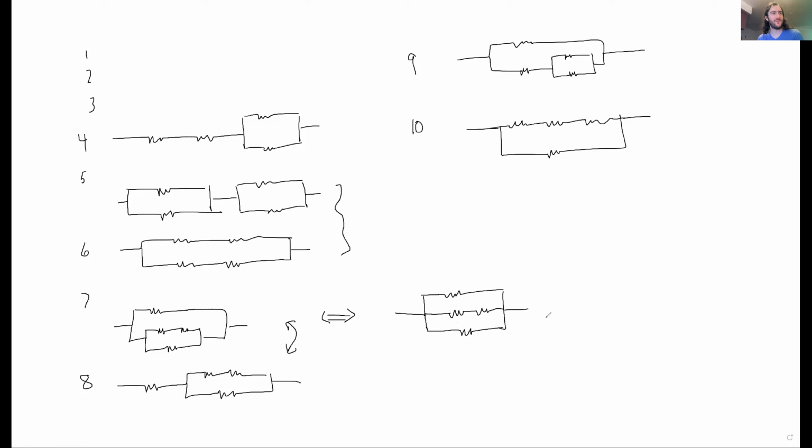Then where are the other ones? You're supposed to come up with those yourself. Oh, my bad. So please don't copy all of them, so that you have something to work on. Okay. And then come up with the equivalent resistance for all of these.